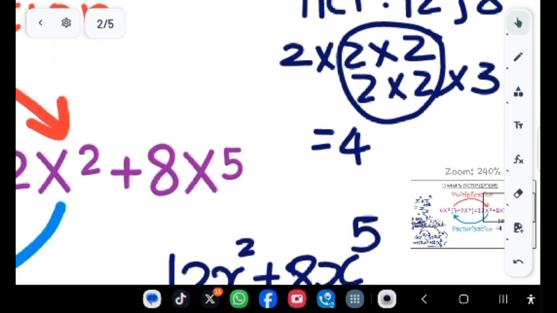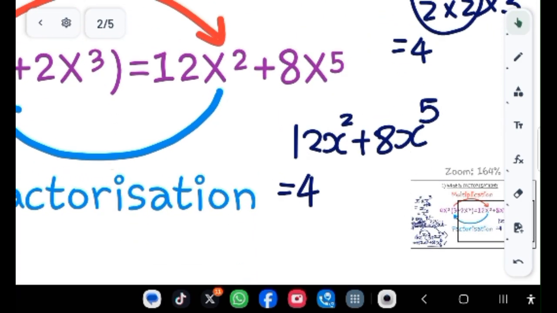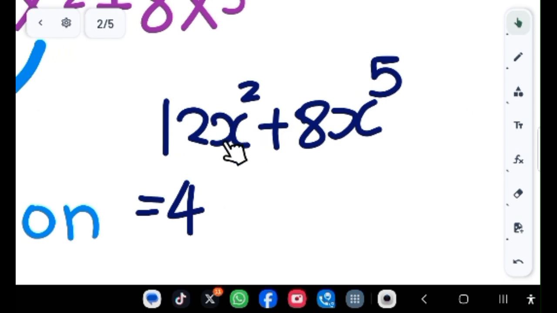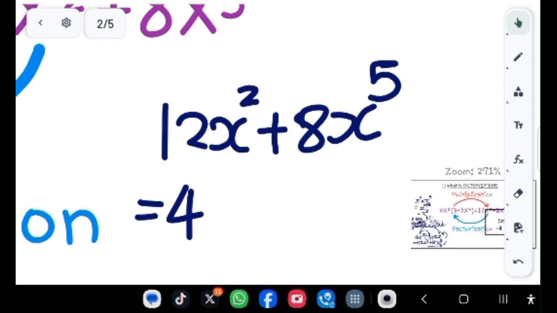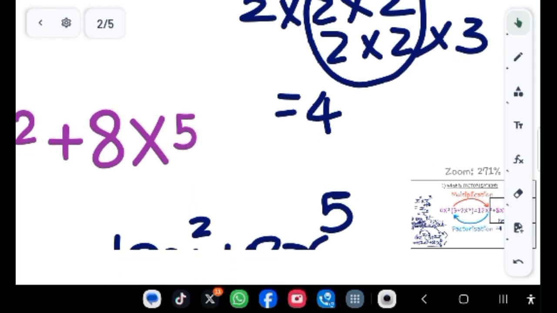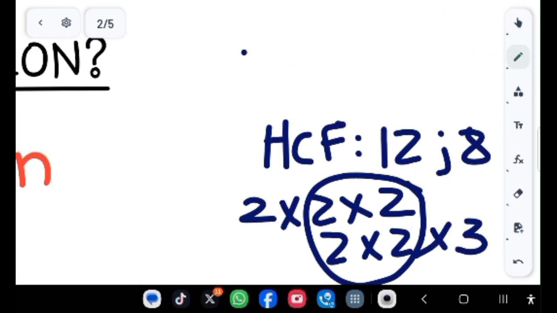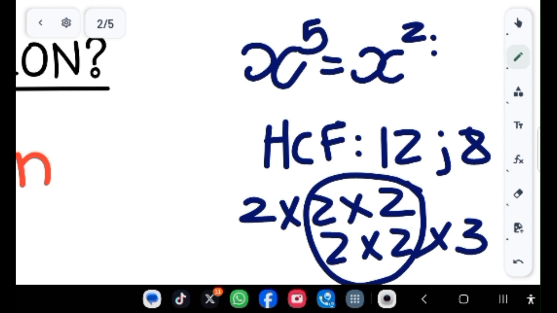That is 4. Next, you look at the common factor between the variables, and then you've got x to the power of 2 and x to the power of 5. Now x to the power of 5 can be written as x to the power of 2 plus 3. X to the power of 5 can be written as x to the power of 2 times x to the power of 3.